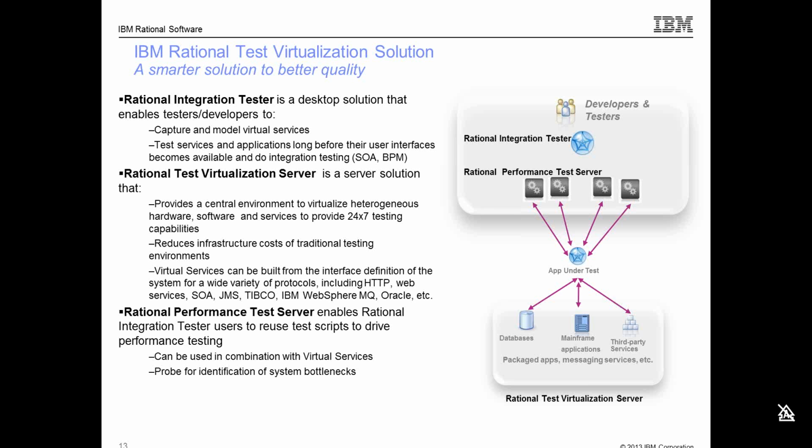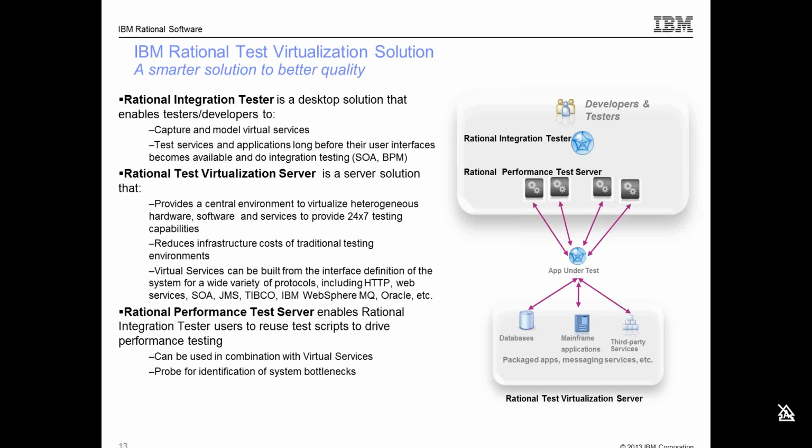The test virtualization server is the server solution that basically then lets you host these virtual services and provides access to different teams in order for them to deploy these services on different agents, on different machines, on different virtual environments, thereby giving them the ability to do 24/7 testing.